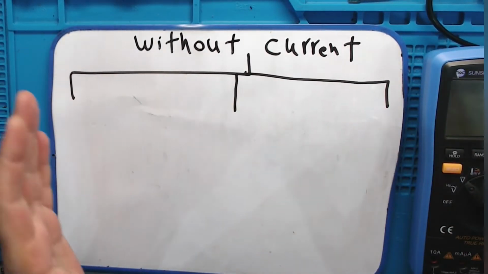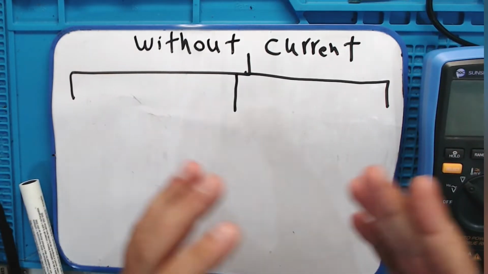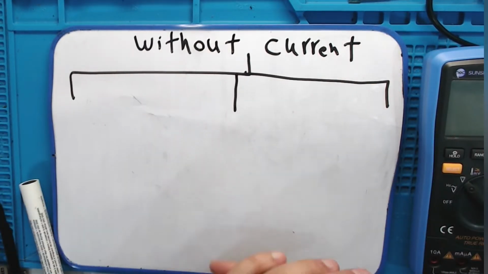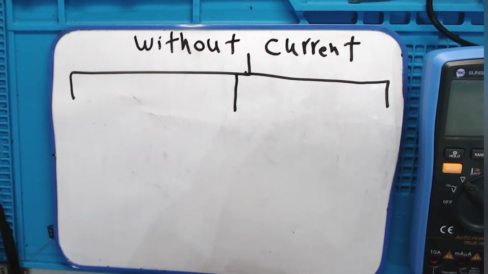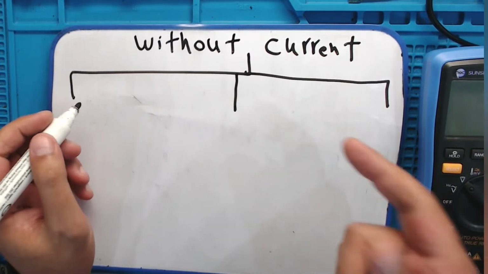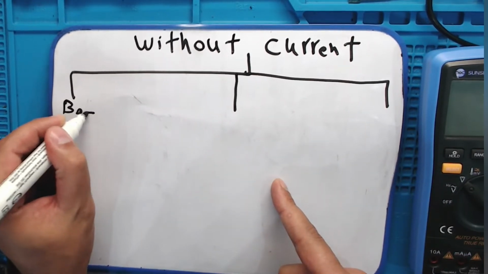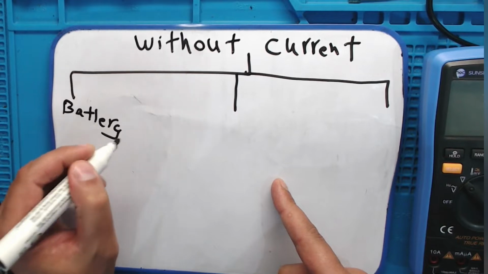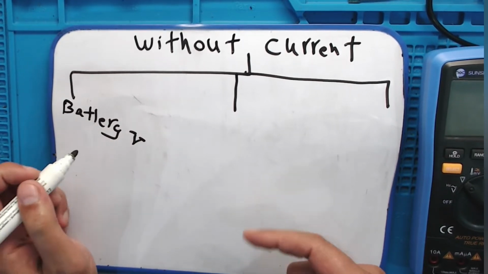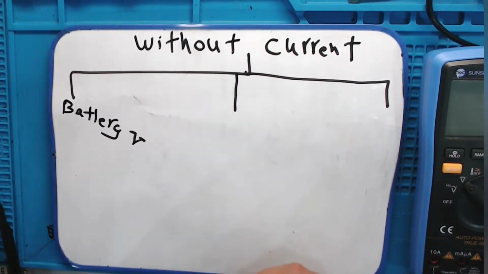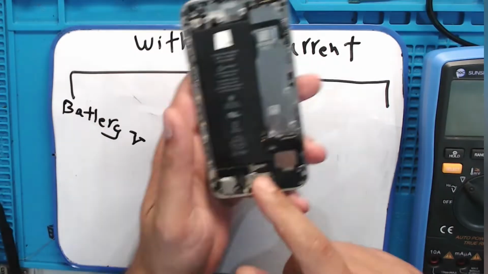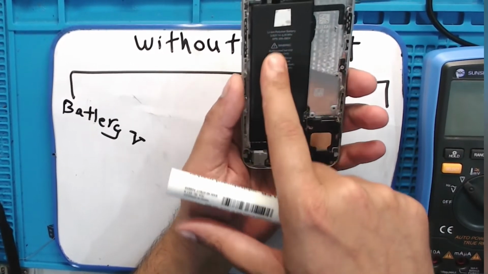But suppose the phone is still not turning on, you need to access the battery. First you need to check the battery voltage. All batteries have the voltage written on the top side.